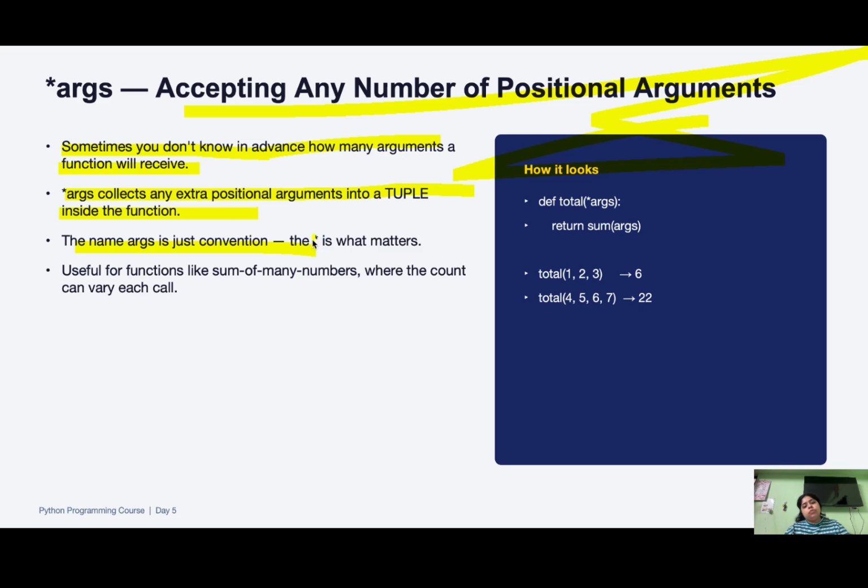The star is what actually matters. Useful for functions like sum of many numbers where the count can vary in each call. You don't know the actual value of it, right? Like def total(*args): return sum(args). So total can be 1, 2, 3, or 4, 5, 6, 7, or maybe 1 to any n number, which you don't know, which will be taken from the user. So this is where the idea of star args comes.